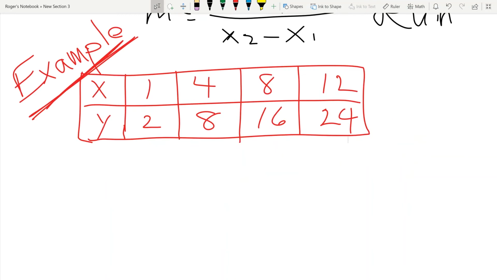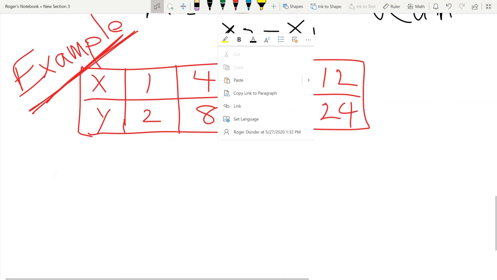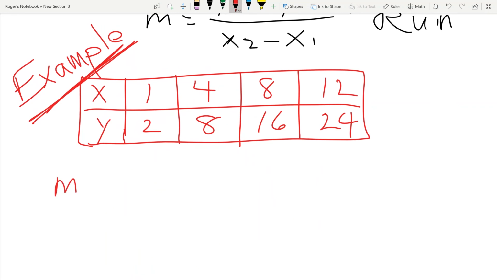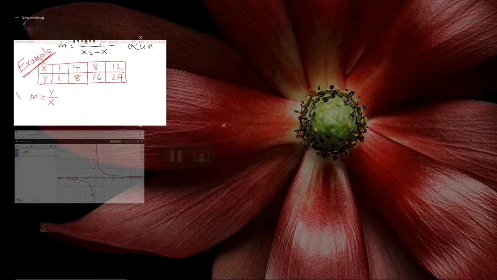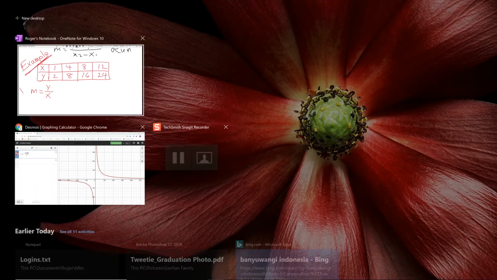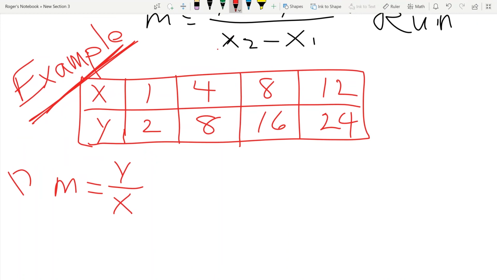Okay, here's an example I'd like to show you. Is this inverse or direct variation? So remember that if it is direct variation, then we're going to have some constant m being equal to y divided by x. That would be direct.